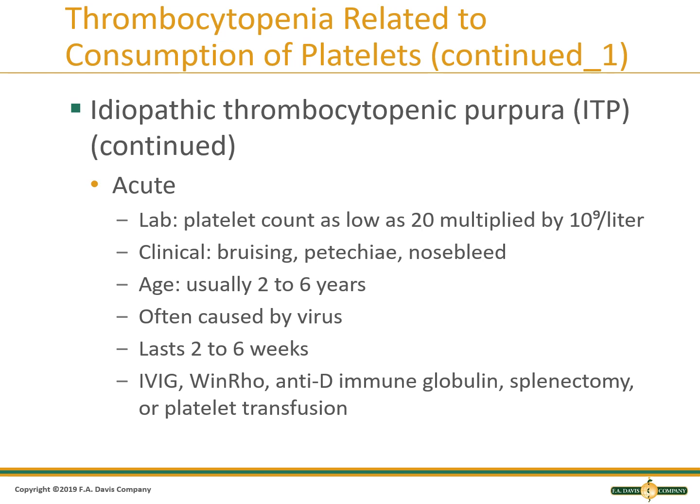It usually affects those between the ages of 2 to 6 years old. It is often caused by a virus and lasts 2 to 6 weeks. Treatment options are IVIG, WinRho, anti-D immune globulin, splenectomy, meaning the spleen is removed, or a platelet transfusion.